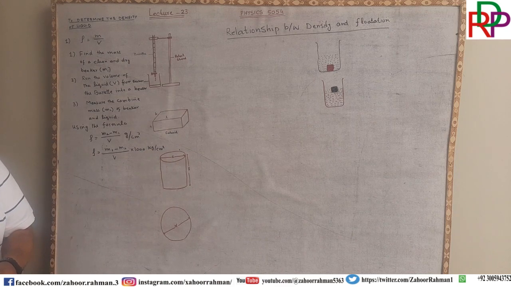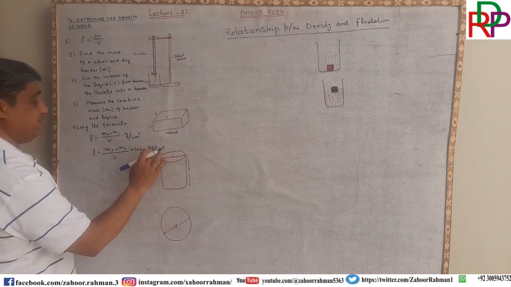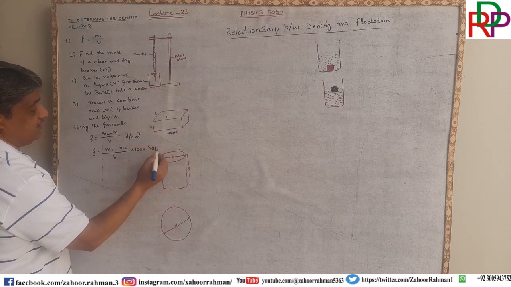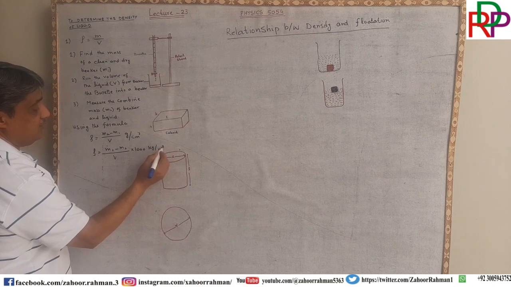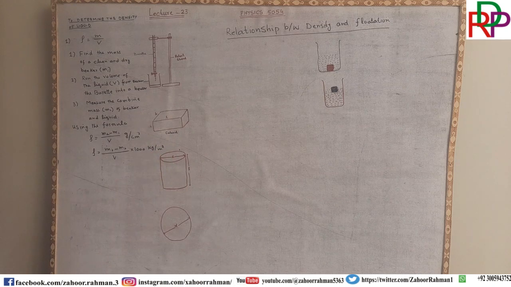So this will be the formula, and here you have to say meter cube, because you are multiplying it with 1000.